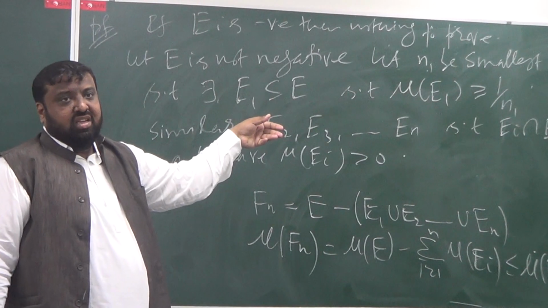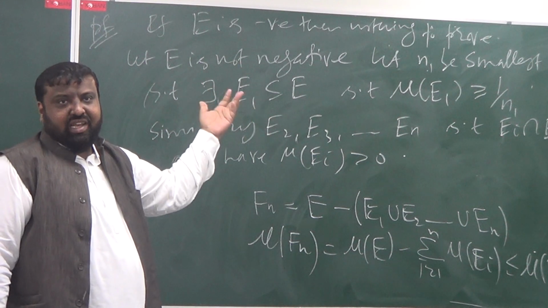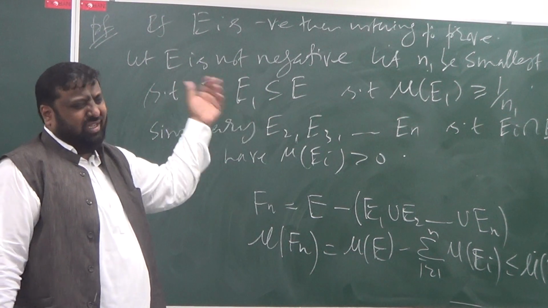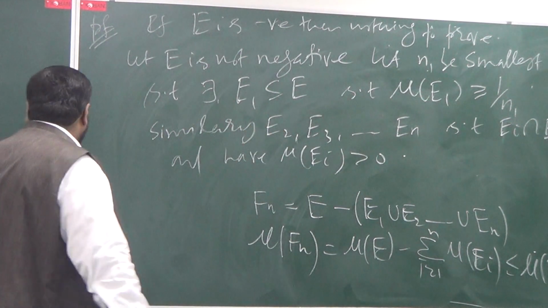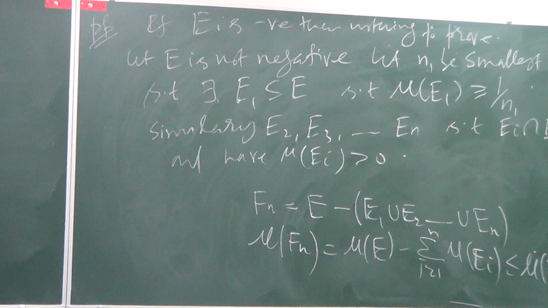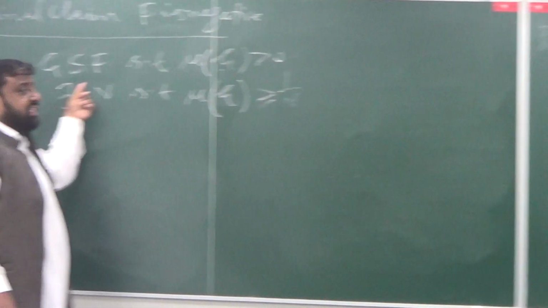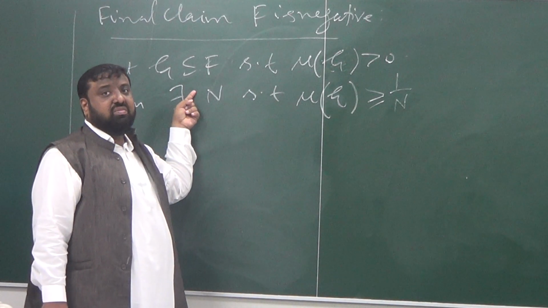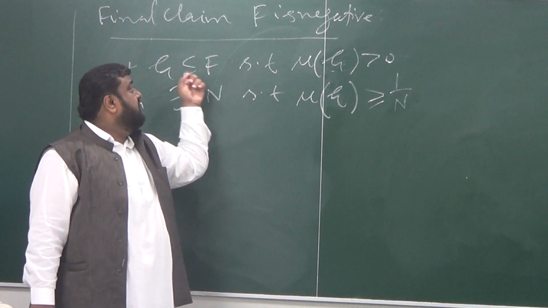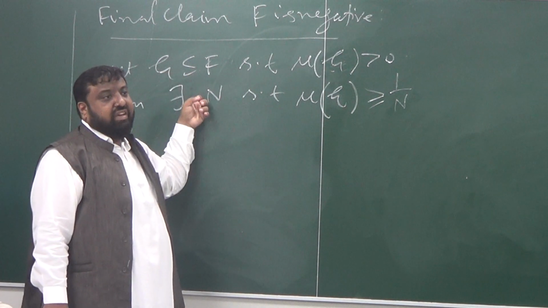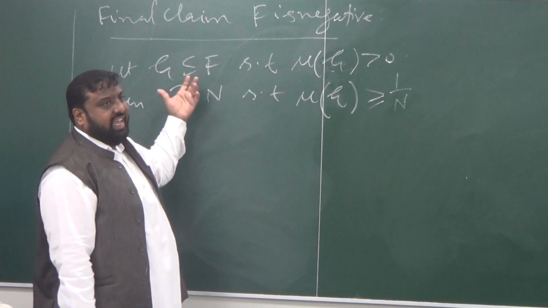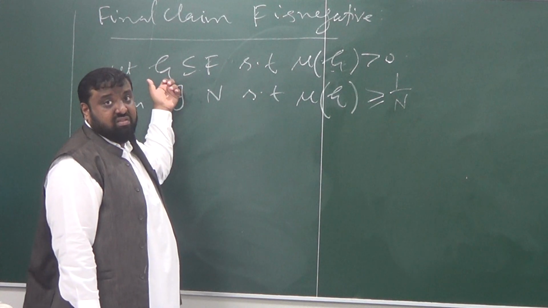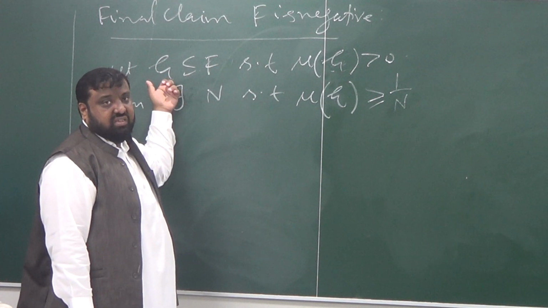Since for each n1, n2 and n3 you have a set, e1, e2 and e3 and so on, then for those nk after the capital N, if you have such a set, you must have chosen G instead of Ek. Is it making sense? Okay.